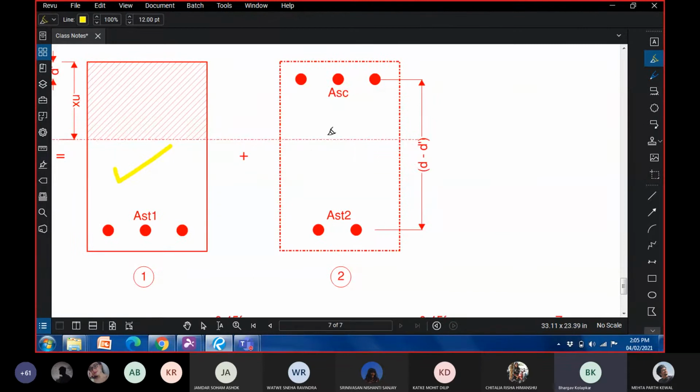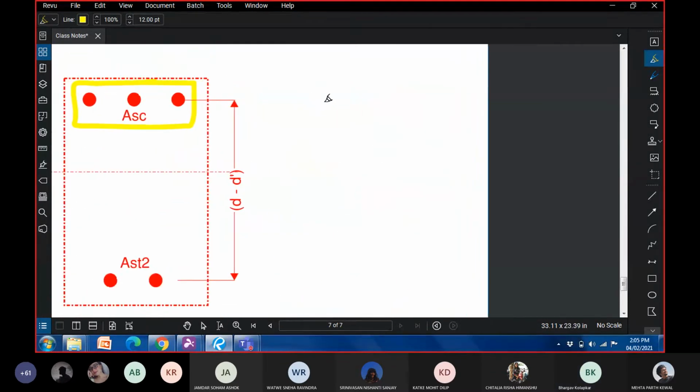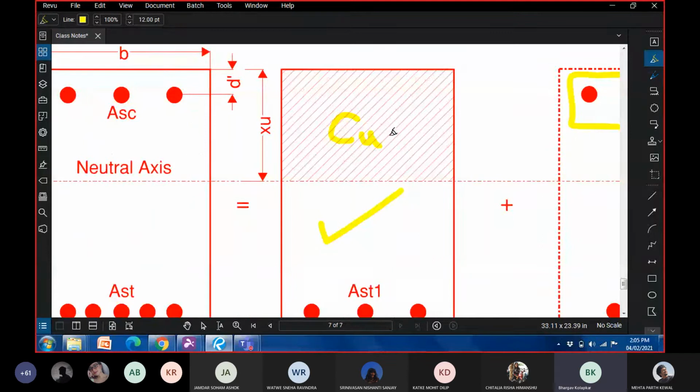The second section is wherein you are considering only the compression steel. We can split it in such a way. Initially we had Cu, now we have split it into Cu concrete plus Cu steel.